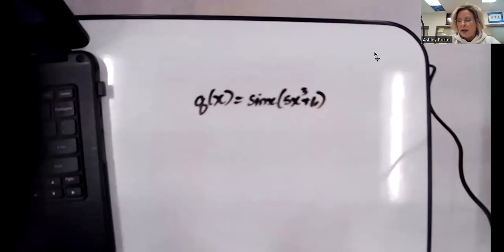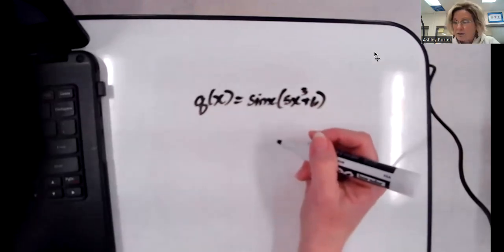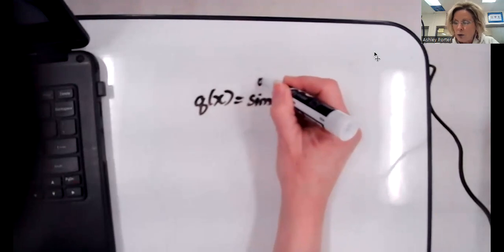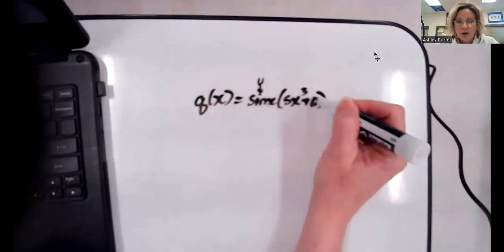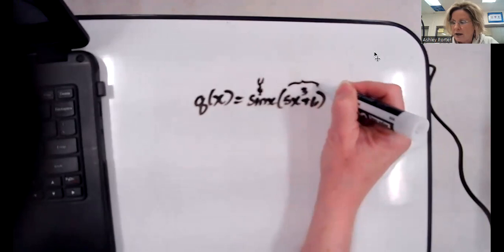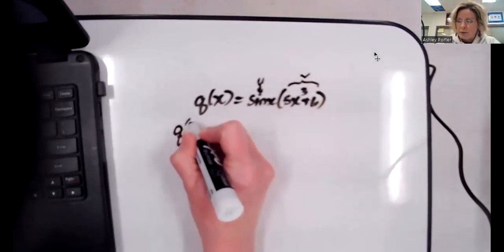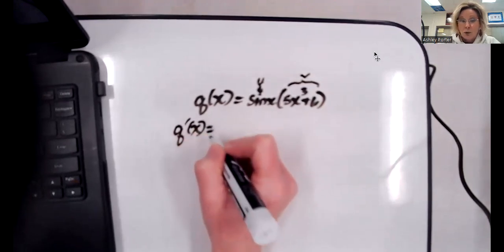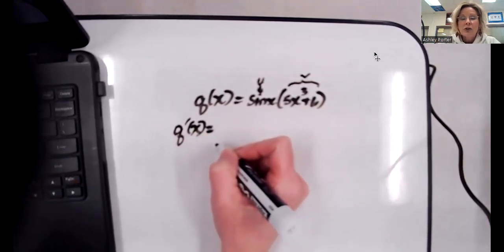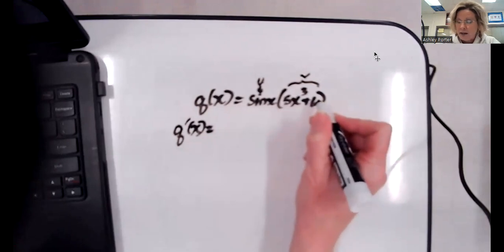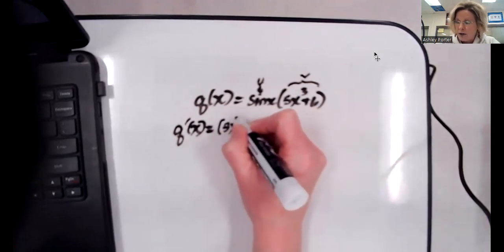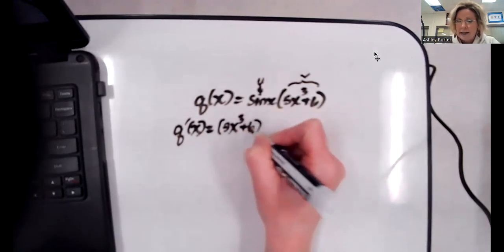Now we're going to look at throwing in a trig function. Sin x will be our u, and 5x to the third plus 6 will be our v. So we'll have to recall what we learned when we were experimenting with the calculator about the derivative of sin x. But let's start first and say, okay, v is the polynomial function, du.